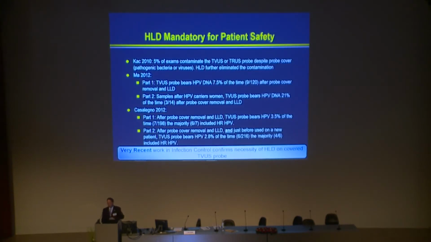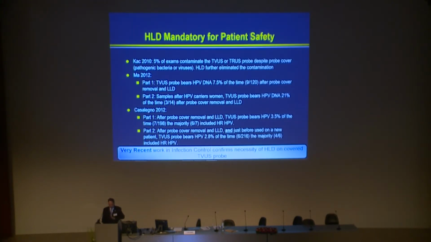So, why am I telling you that we should use high-level disinfection? Well, there are a whole variety of studies. One showed that 5% of exams, this is transvaginal ultrasound or transrectal ultrasound, despite using probe covers, were contaminated. Another study in 2012 showed that with transvaginal ultrasound, after use of a probe cover and low-level disinfection, they could detect HPV DNA 7.5% of the time.